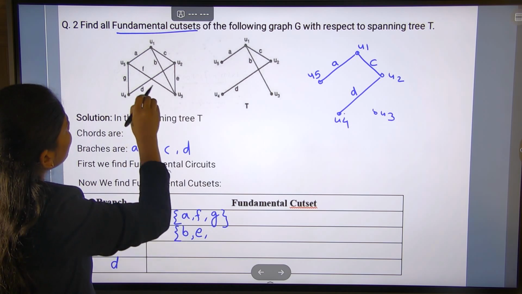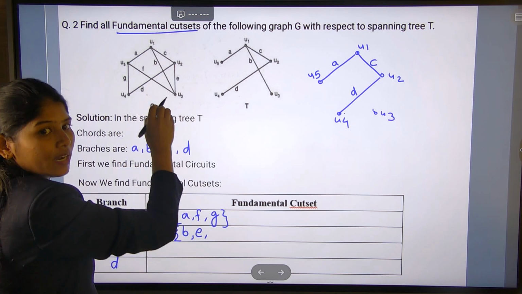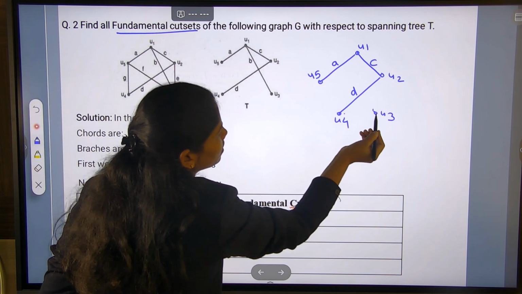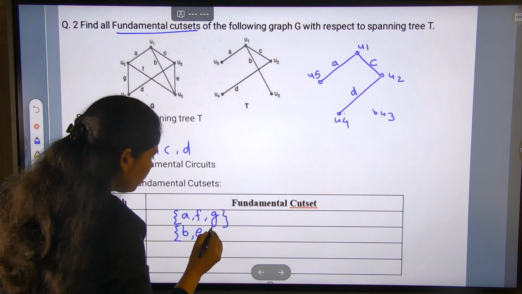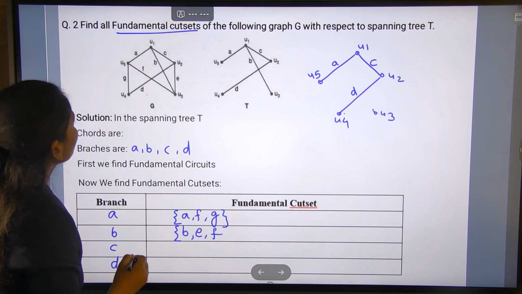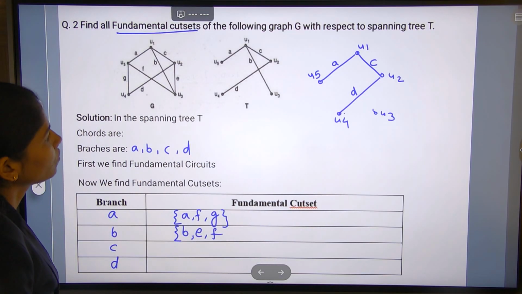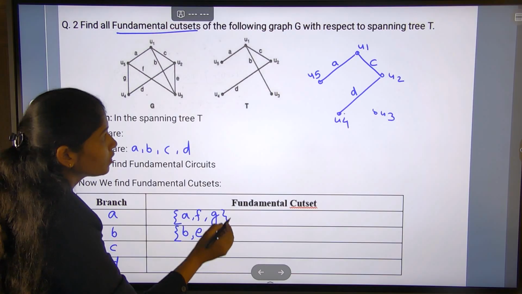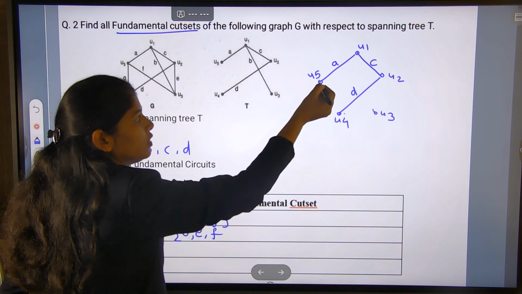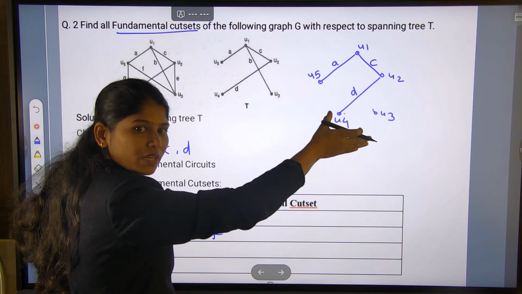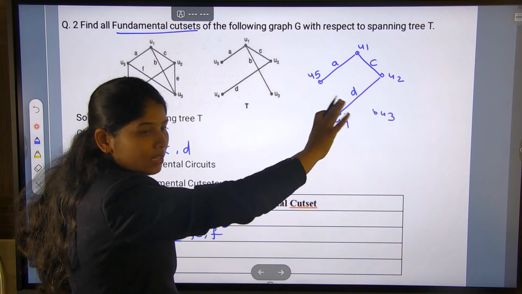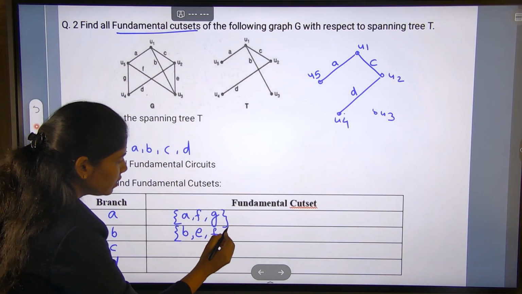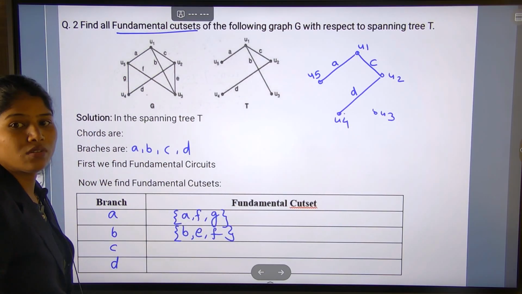If we join F, again we get the connected one. Therefore B, E, F. That's it. If we join G, there is no change. We will not get the connected one. Therefore we will not write G.